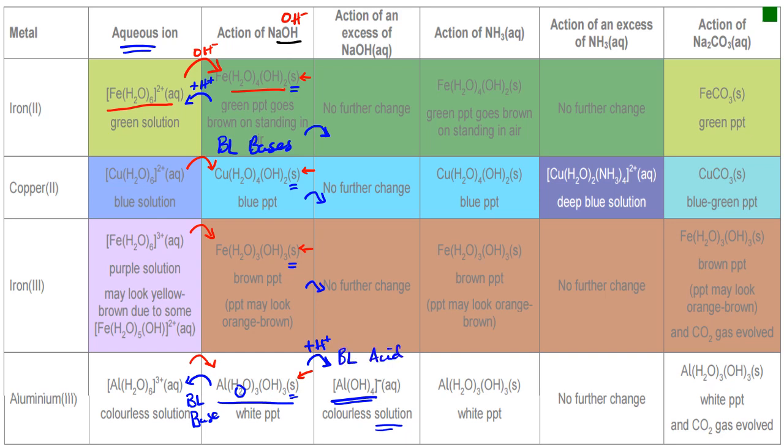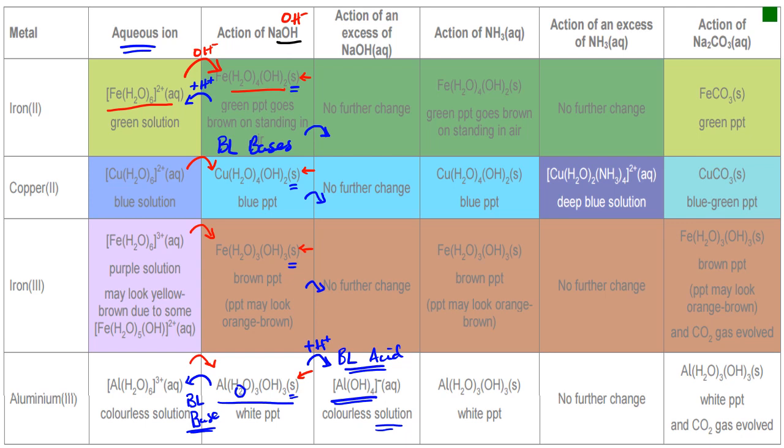Okay, so this one, aluminium, can act both as a Bronsted-Lowry acid when it donates a proton from one of its water ligands, and it also reacts as a Bronsted-Lowry base when it accepts a proton to turn the hydroxide ligand back into a water ligand.